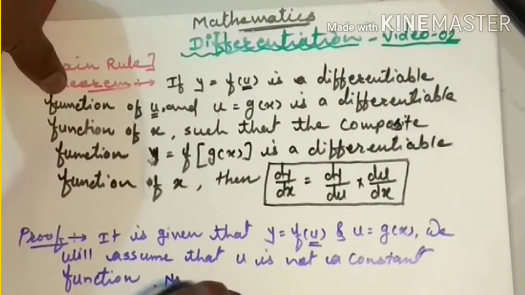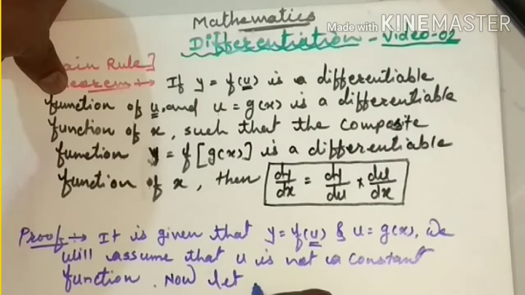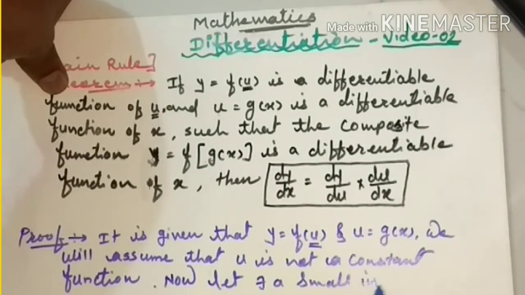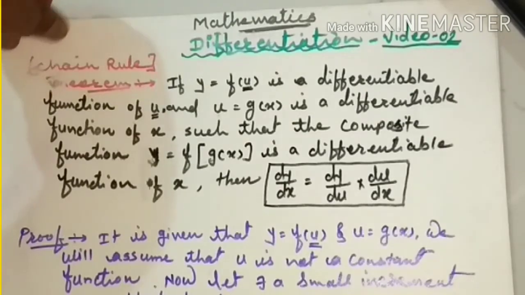Now let there exist a small increment in x, and let that be delta x.